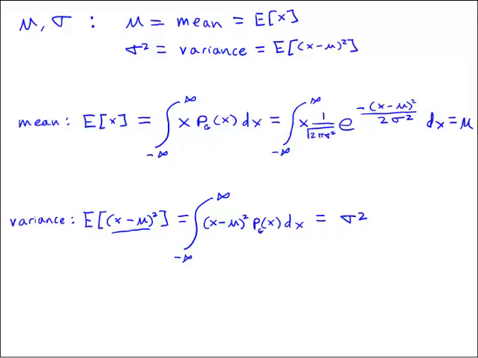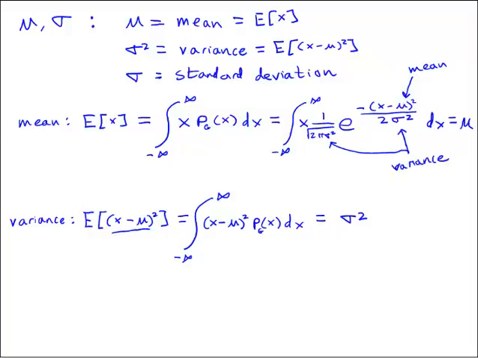That's pretty cool. How would we figure out the standard deviation of the distribution? Well, that's easy. The standard deviation is just the square root of the variance. So the standard deviation is just sigma. This means that mu and sigma squared appear explicitly in our expression for our Gaussian probability density.